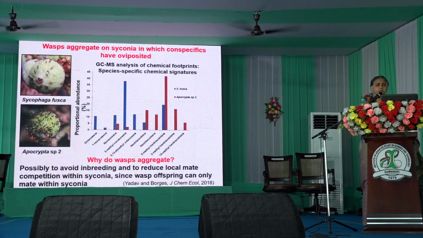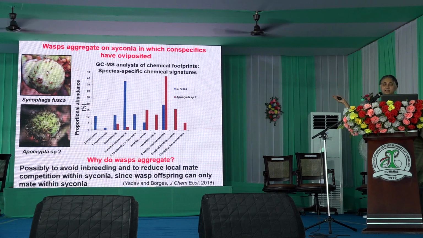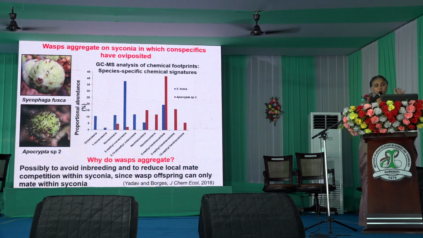We've also been looking at chemical footprints that the wasps leave on the surface of the microcosm. Sometimes you will see many wasps aggregating and talking to each other chemically, and we've been able to identify chemical signatures coming from the tiny feet of the wasps.